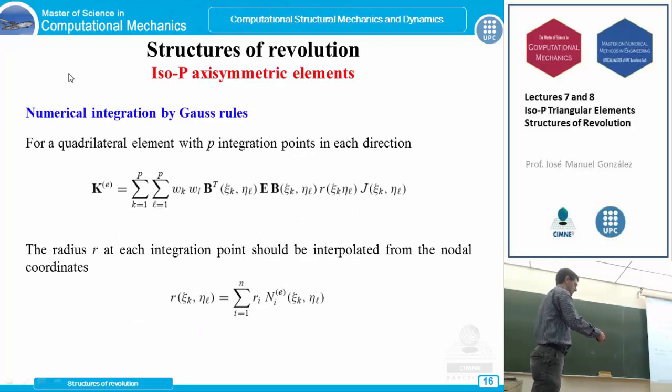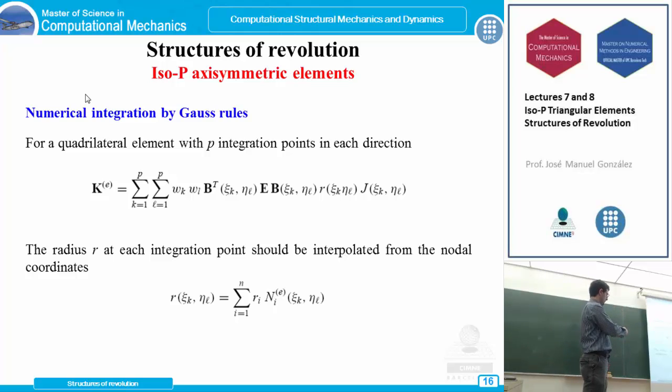But the point is that usually we use numerical integration using these Gauss integration rules for our elements. So we can use triangular elements with the Gauss integration rules we have seen some minutes before. We can use quadrilateral elements using the Gauss integration rules for quadrilateral elements.